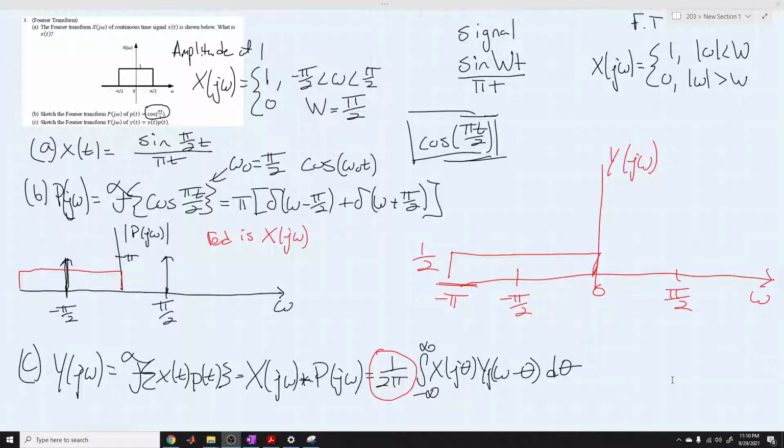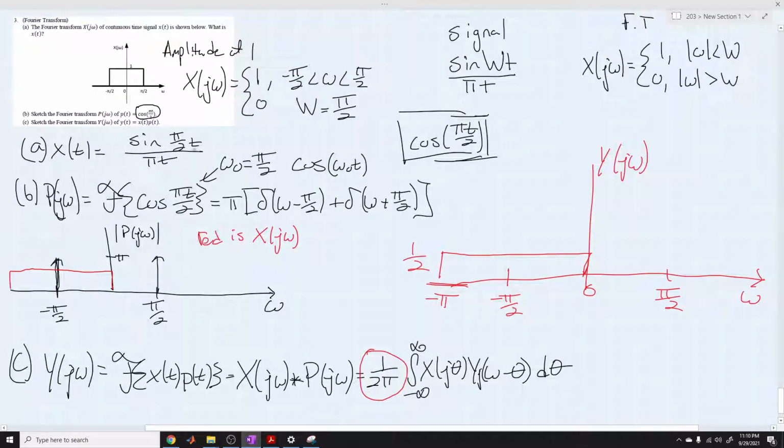Let me get a little more space over here. Now, I keep going with this box. At the same moment that I am done with my left hand impulse, I am hitting my right hand impulse, and it's going to give me the same amplitude. So I keep coming, and you can see here that this box is going to have the same pi over 2 to the left and same pi over 2 to the right. The convolution of the box with the right hand impulse.